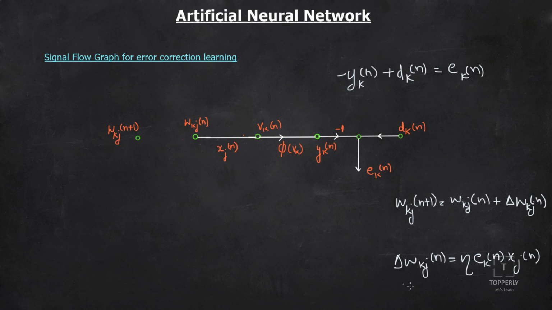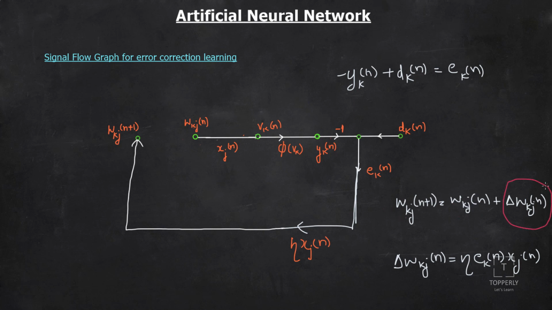So in order to get delta wkj of n, I will take this ek of n and multiply it with eta xj of n. Is that okay? Right? Now I'll feed this input to here. Thus we have completed half of this equation. That is, we have provided delta wkj.